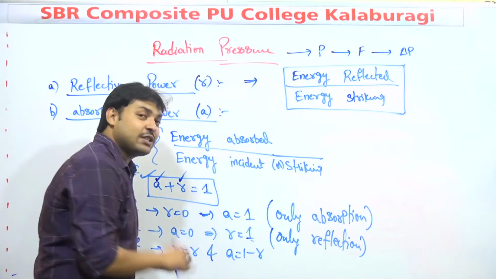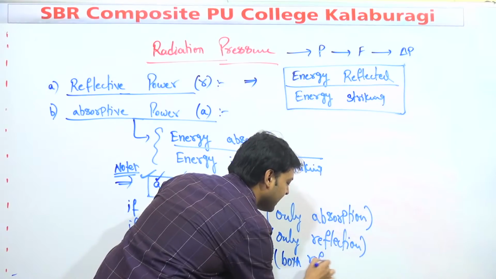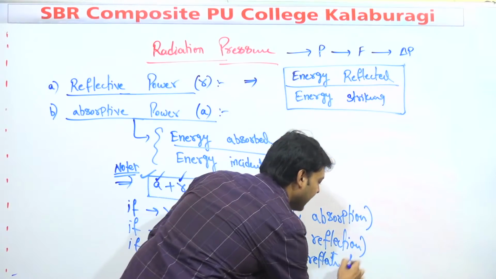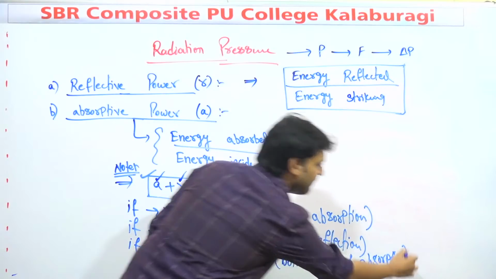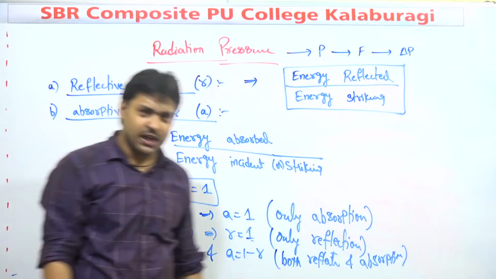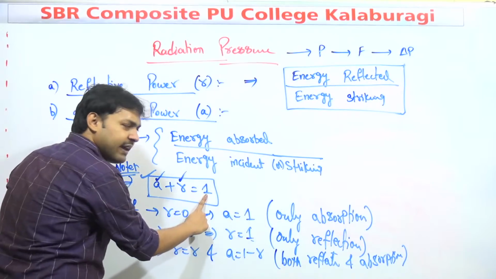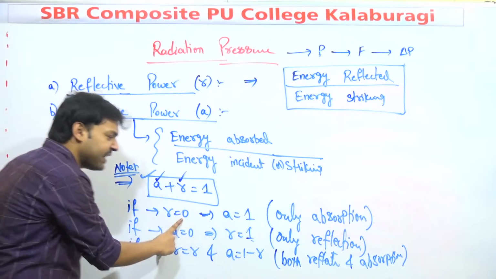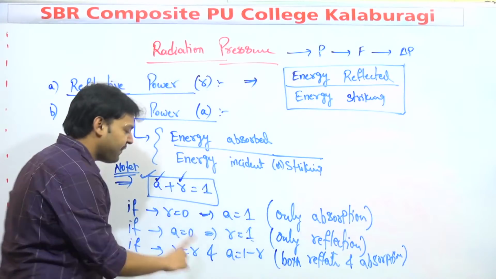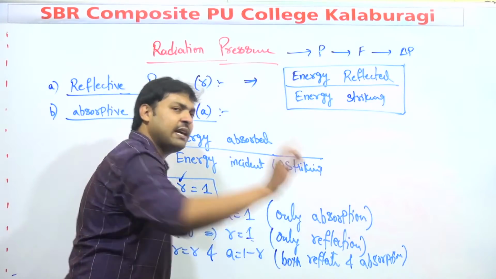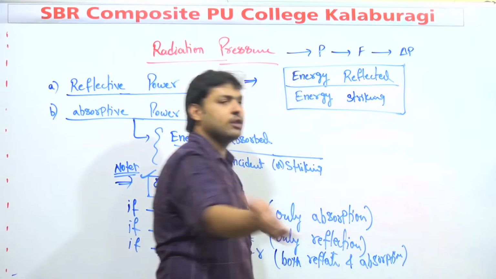So in this case, both reflection and absorption will be there. Clear about the point? A plus R equals 1. If R equals 0, A equals 1, only absorption concept. If A equals 0, R equals 1, only reflection concept. If both are there, we have to consider both reflection and absorption.